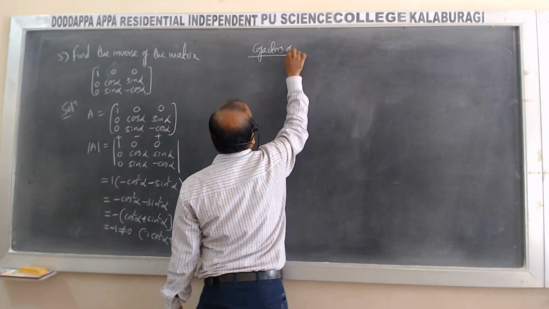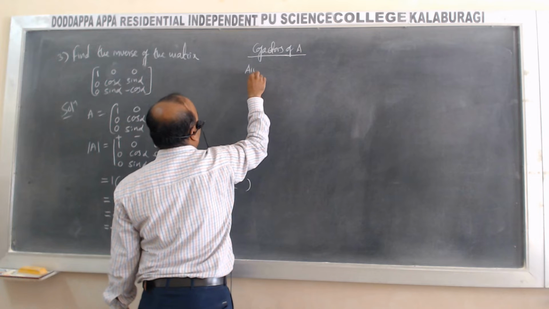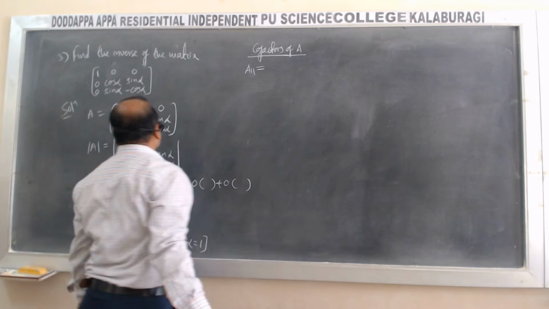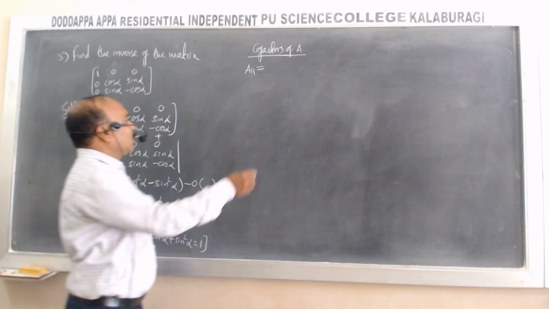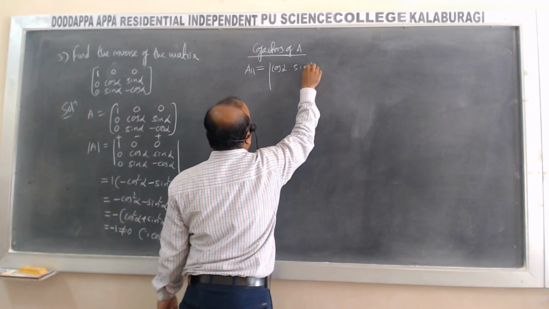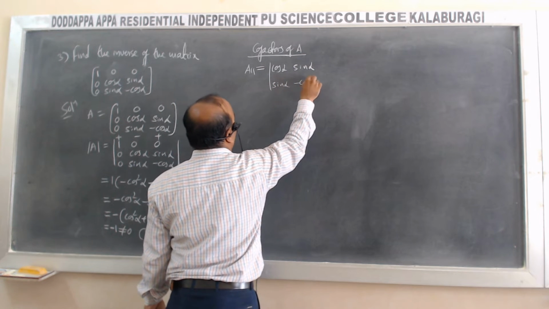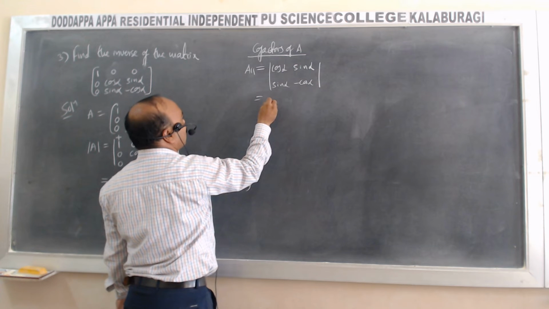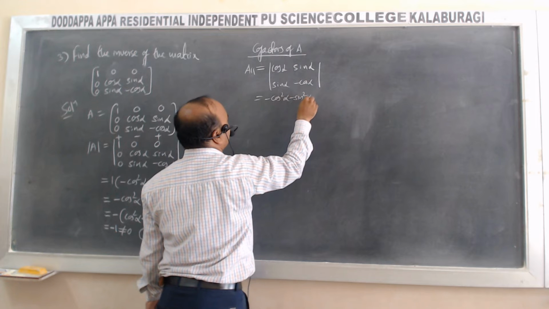cofactors of A. So for that we calculate A11. Deleting this column and this row, we get cos alpha sin alpha, second row sin alpha minus cos alpha. So it is equal to minus cos square alpha minus sin square alpha.